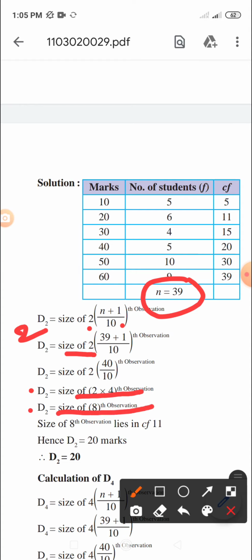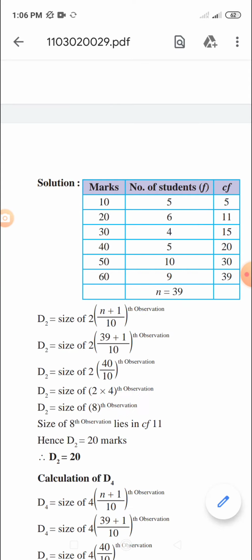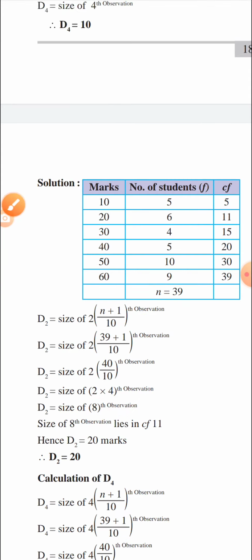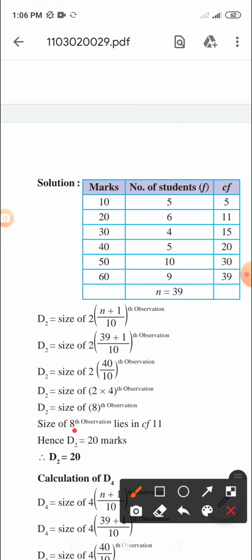The 8th observation lies in CF 11, that is, the number 8 is included in CF 11. So the value of D2 is 20, because the size of the 8th observation lies in CF 11.